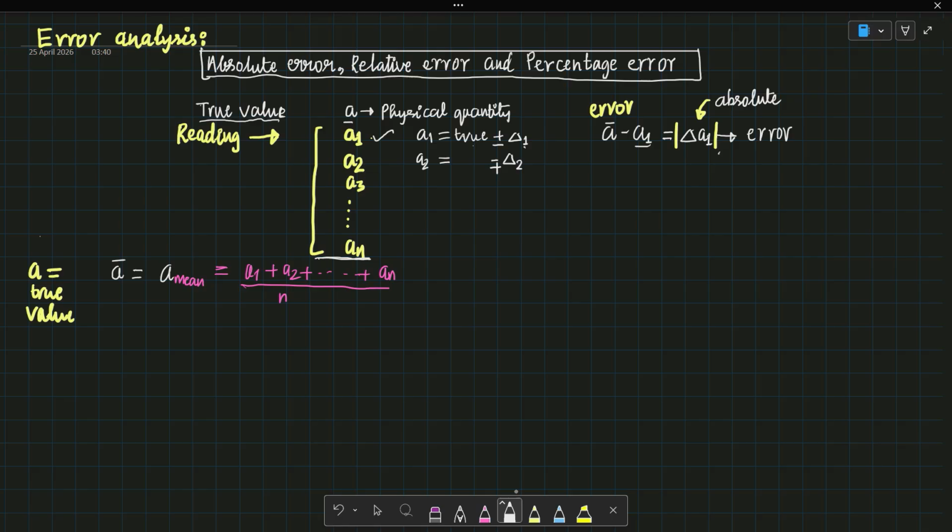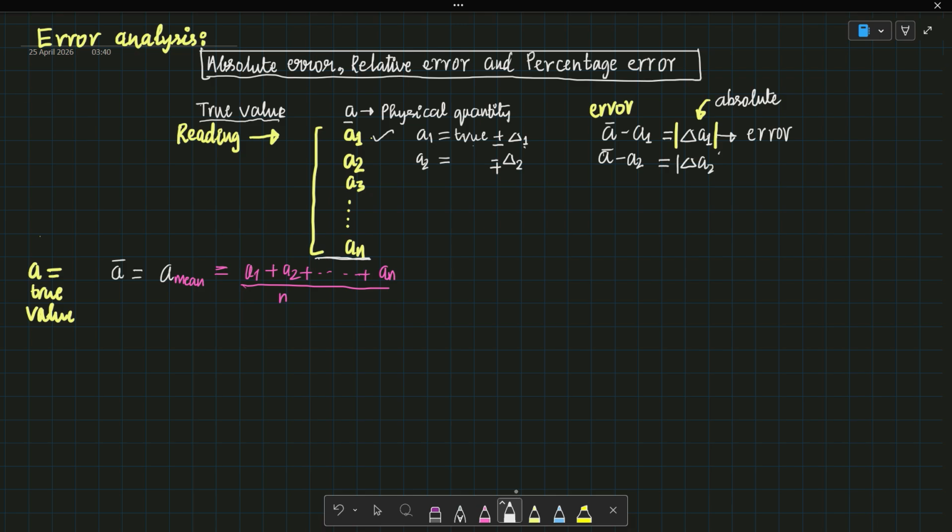Similarly, we can find out the error in the second measurement, and similarly we take mod delta A2.